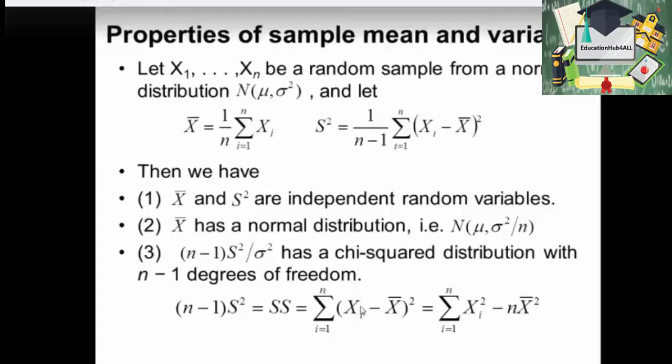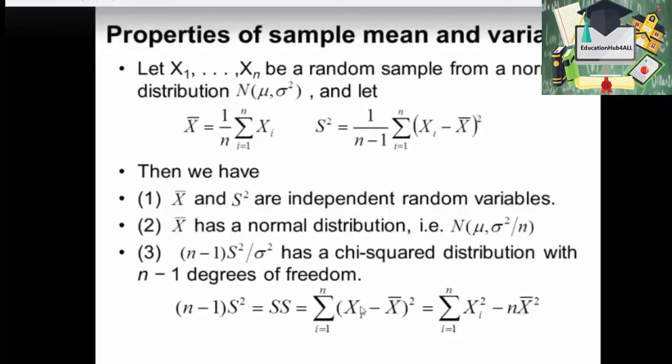And the normal distribution, as we said, has one mean and one variance. The mean of this distribution is equal to the mean of the population. But the variance is the population variance divided by the sample size.